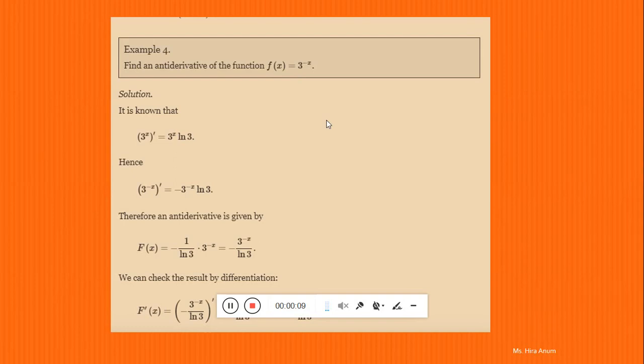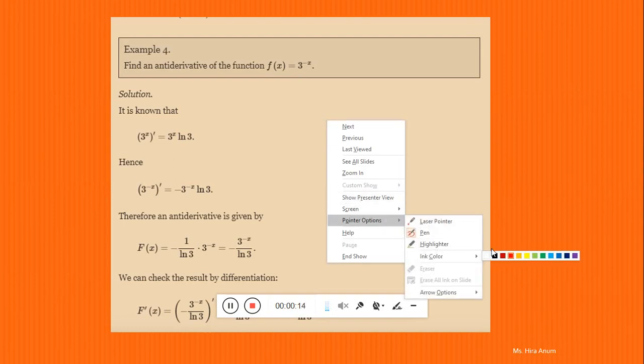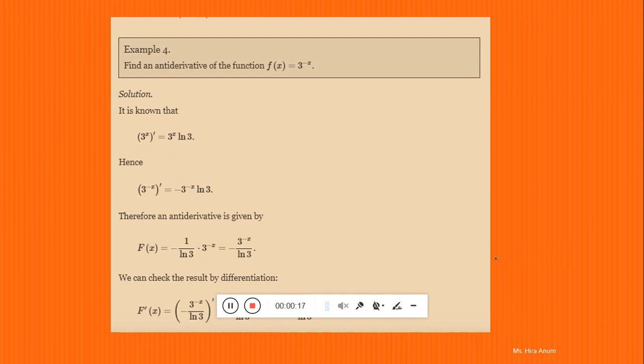f of x equals e power minus x. We know the integration of a power x dx equals a power x over ln a.